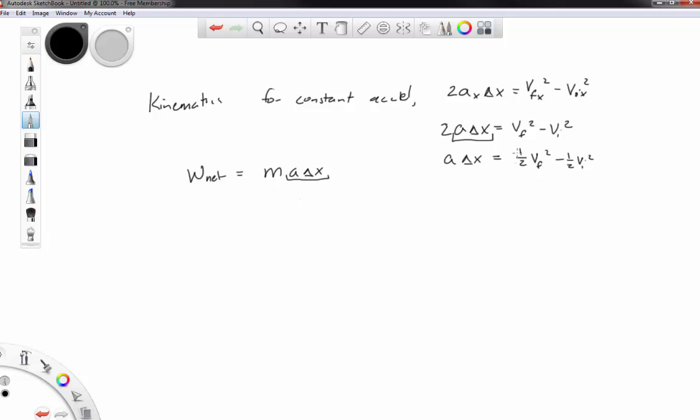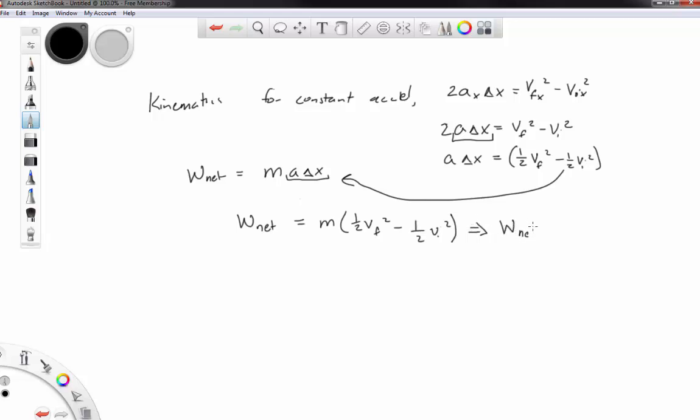Now plug this into the work equation, and what you end up with is that the net work done is the mass times 1/2 of the final speed squared minus 1/2 of the initial speed squared. This is the same thing as saying 1/2 times m times the final speed squared minus 1/2 times m times the initial speed squared.